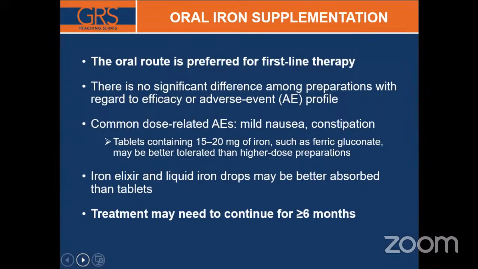The most recorded side effects are mild nausea and constipation. Generally, preparations containing 15 to 20 milligrams of iron, with either ferrous gluconate or sulfate, may be better tolerated than a higher dose preparation, because of the adverse effects of nausea and constipation.